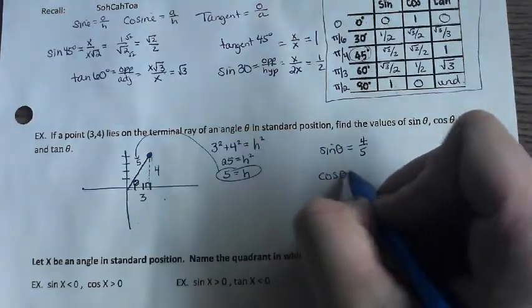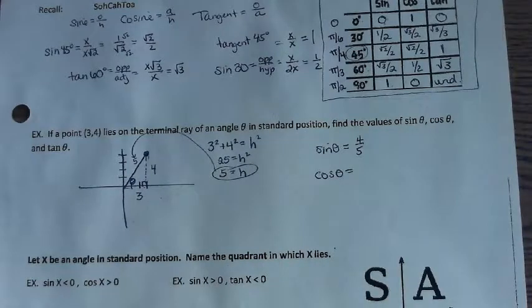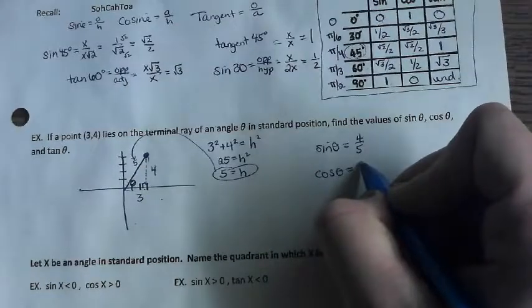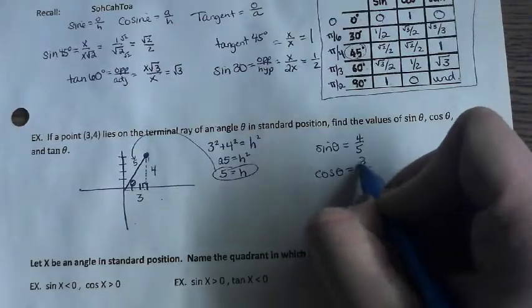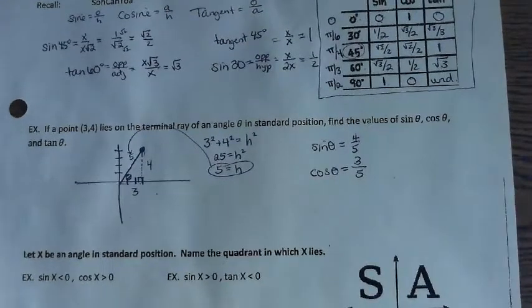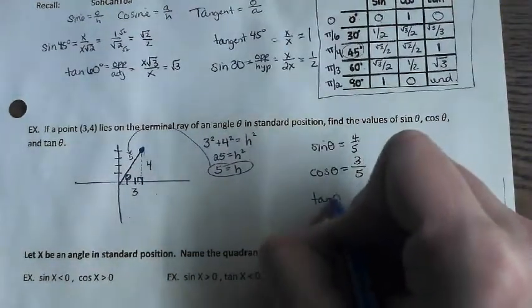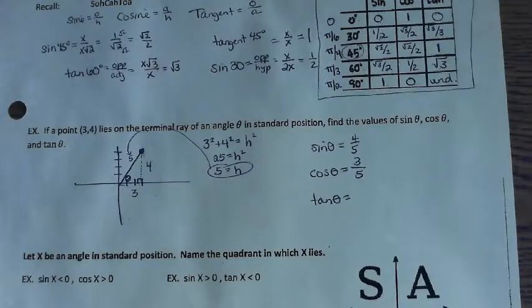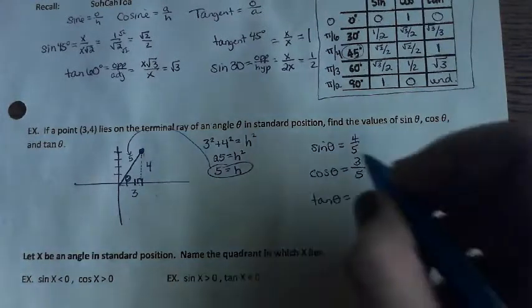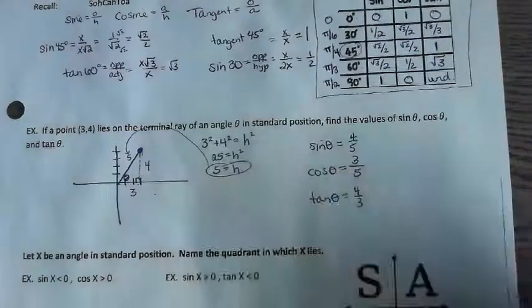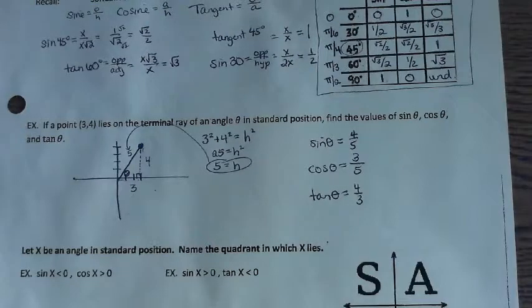Cosine is what over what, Natalie? Okay, so what's the adjacent and what's the hypotenuse? So 3 over 5. And the tangent is what over what, Jason? Opposite over adjacent, so 4 over 3. Correct. Good? Any questions there?